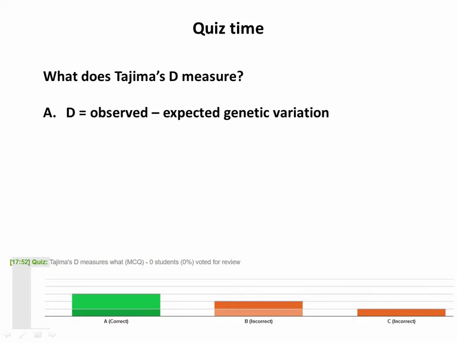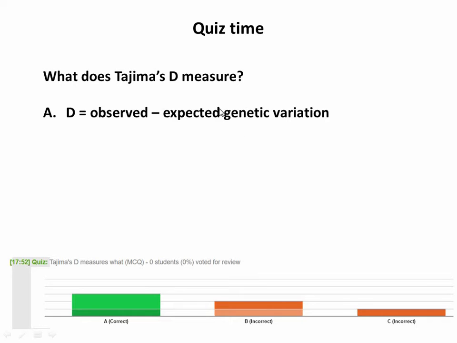So just to make sure, Tajima's D makes a difference. It makes a subtraction between the observed and the expected genetic variation. Observed is basically the sum of pairwise comparisons, or the average pairwise comparison in your population, and expected genetic variation is the expected genetic variation given a certain number of individuals present in this population.